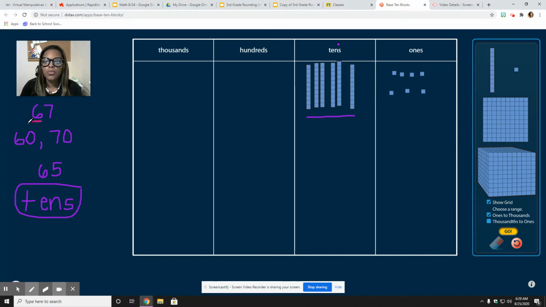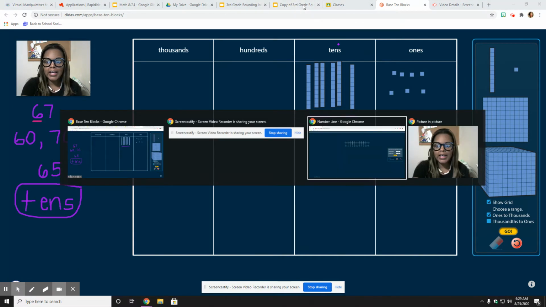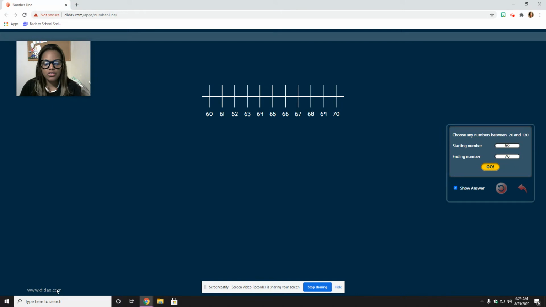So now that we're rounding to the 10s, let's go back to our number line very quickly, because that number line is going to help us find the number that we're going to round to. So here I am in my number line. We've identified 60 and we've identified 70, and we jumped by 10.